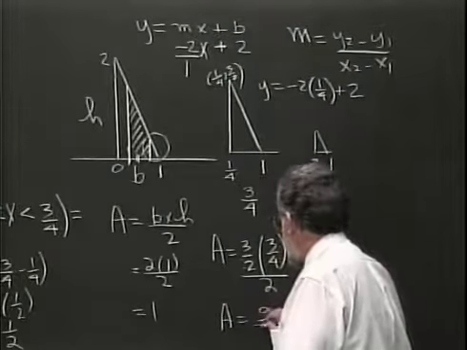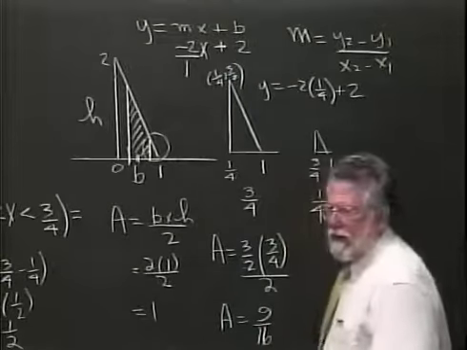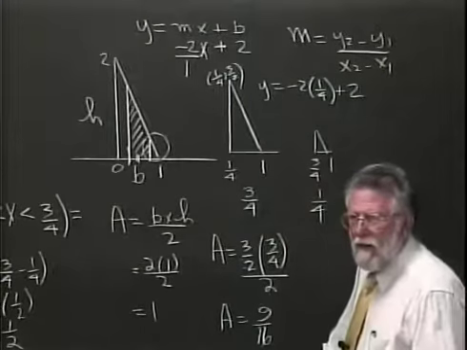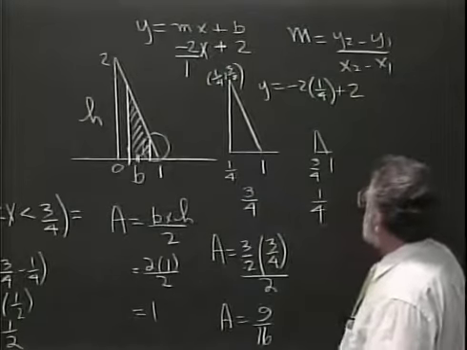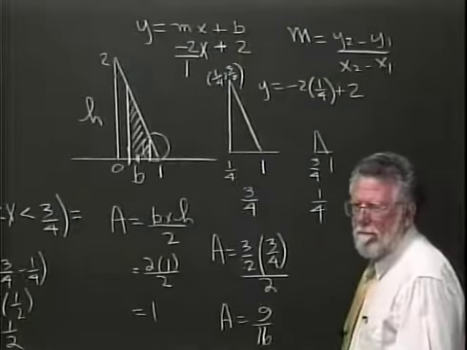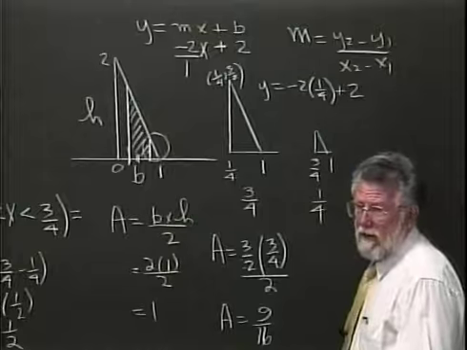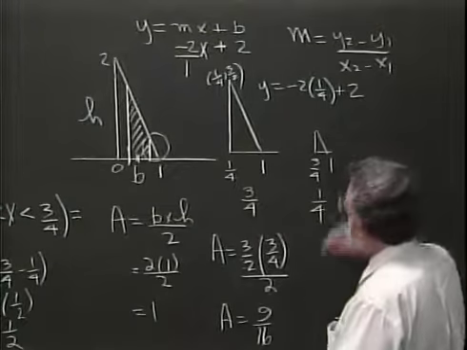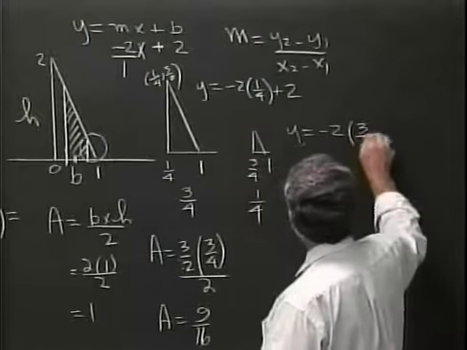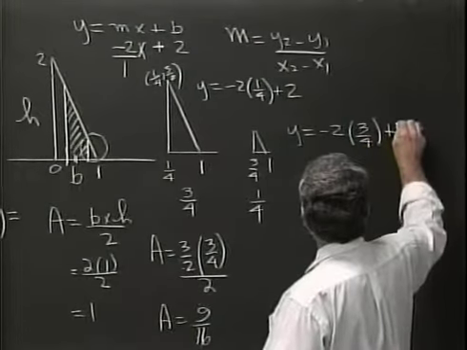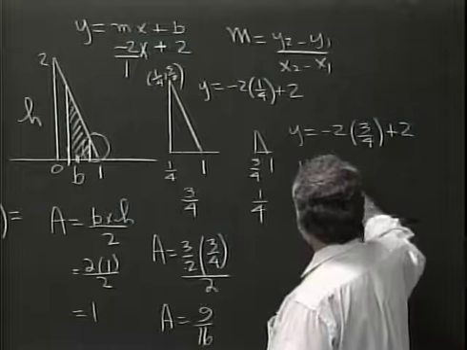Okay, now that was pre-algebra, our Achilles heel. What about this one now? How am I going to find that one for its height? Play the same game. Y is equal to negative 2 times 3/4 plus 2. So y is equal to what?